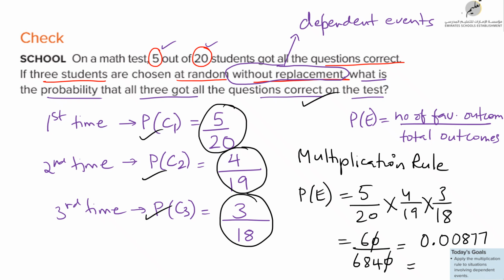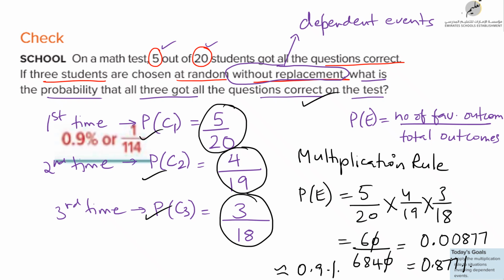Okay, so we multiply by 100, it will become 0.877%. Now, if we want to round off, then approximately we can say it is 0.9%. So this is the final answer.